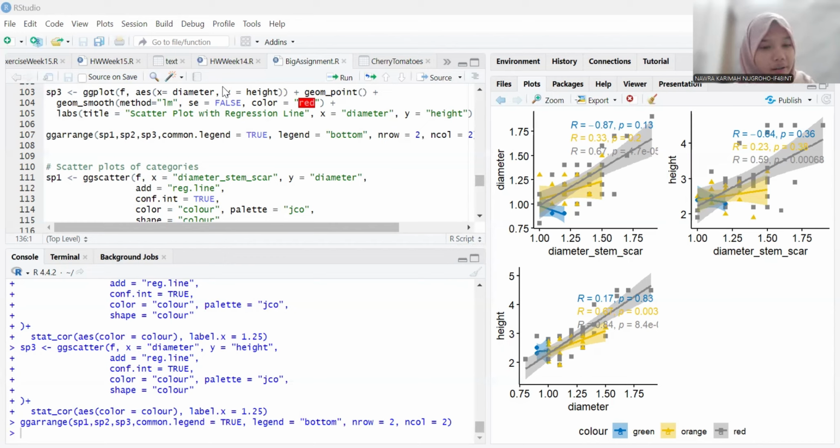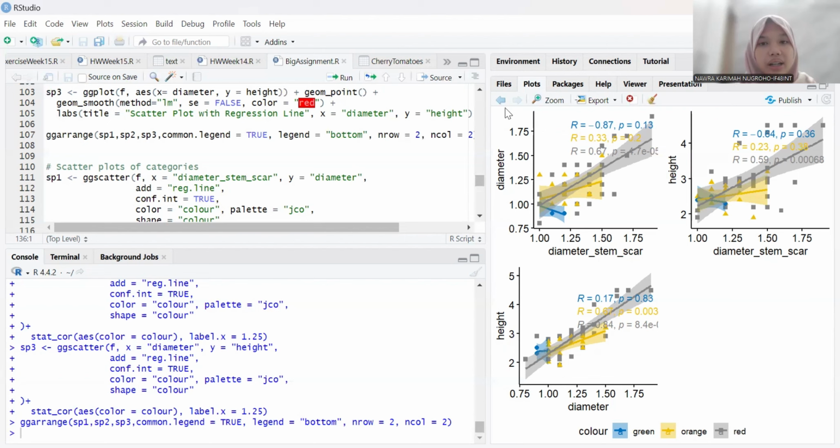And in this diagram, we can see the correlation between height and diameter. For green tomatoes, they have a weak positive correlation coefficient. For orange tomatoes, they have a moderate correlation coefficient, and for red colored tomatoes, they have a strong correlation coefficient.